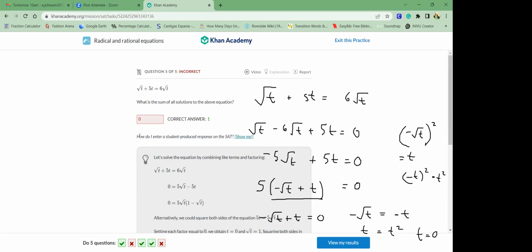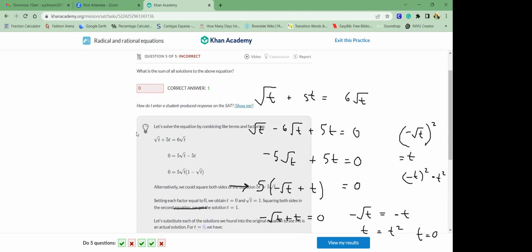Okay, so we got that right there, which is this line right here. All right, so what did they do next? Okay, so they factored out a 5t, not just 5. Okay, so going back to this line right here.